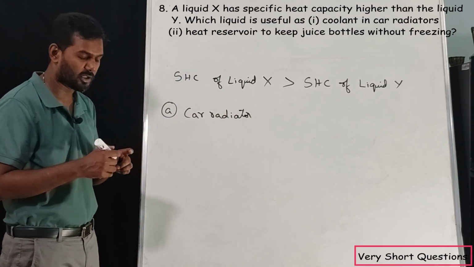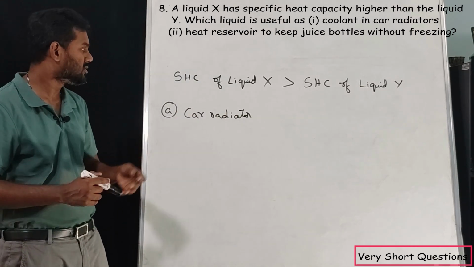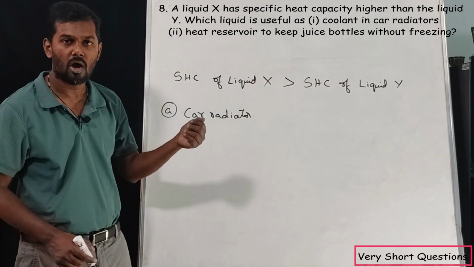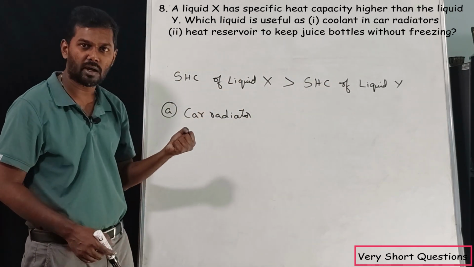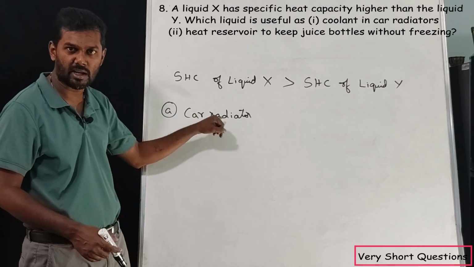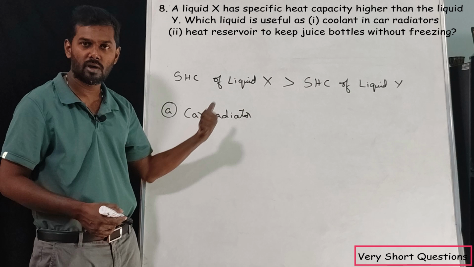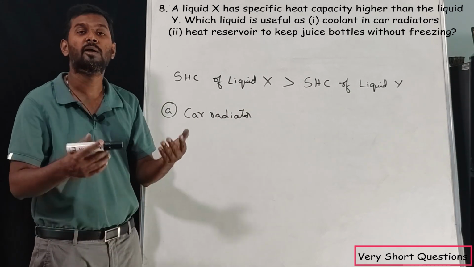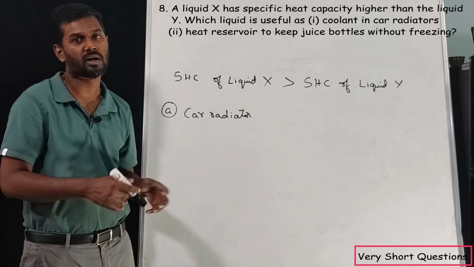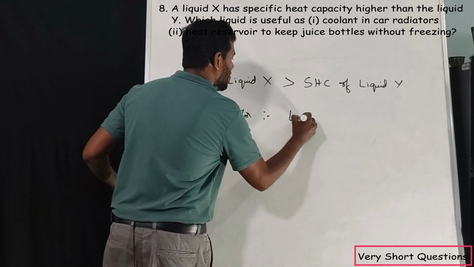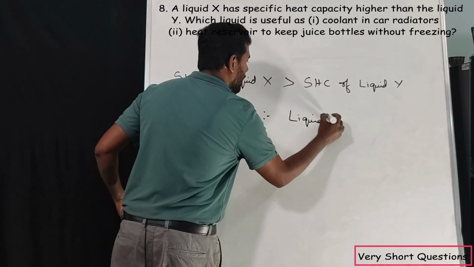We have to use water to reduce the temperature. So if we use liquid Y in a car radiator, once it absorbs the heat energy from the car radiator, the temperature of liquid Y rises rapidly compared to X. So if we use that, the temperature again increases in the car radiator. So for option A, it is liquid X.